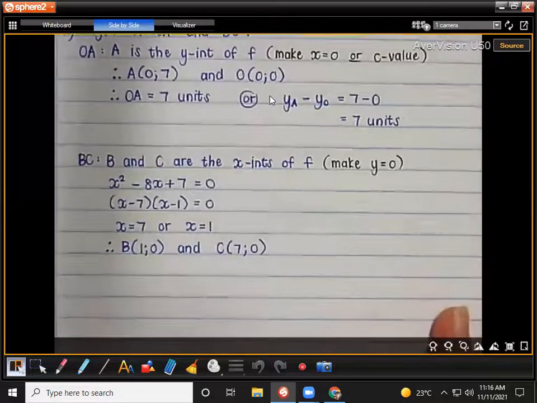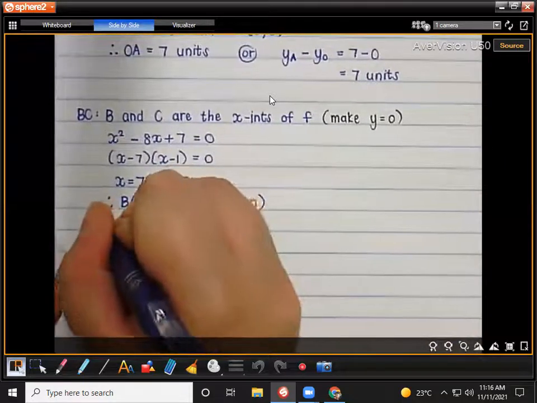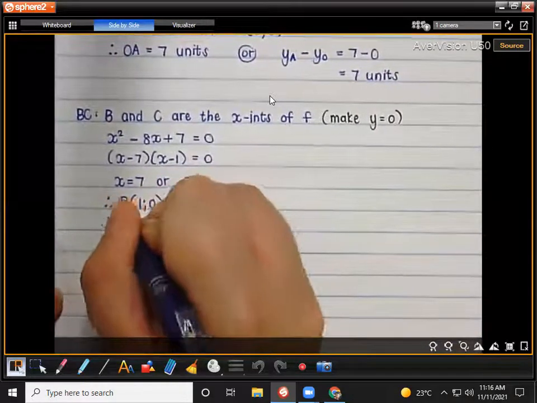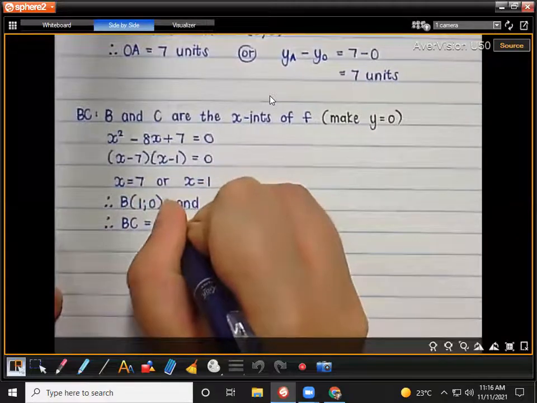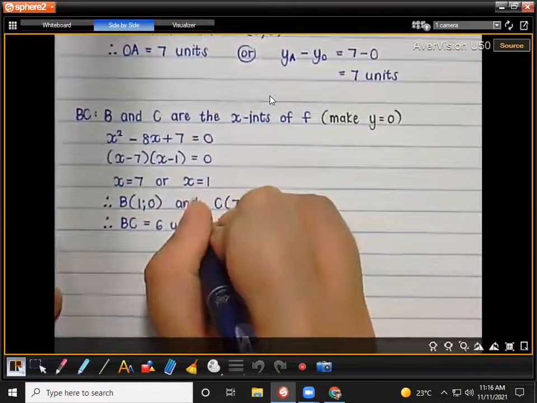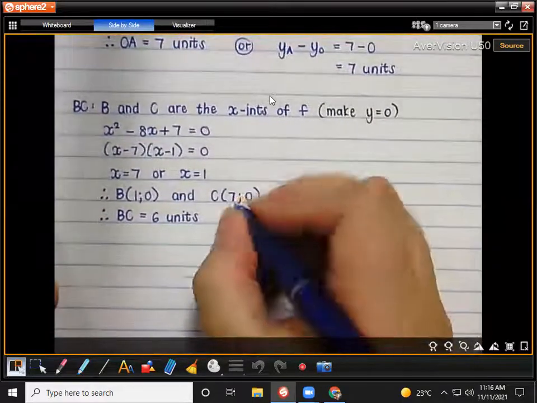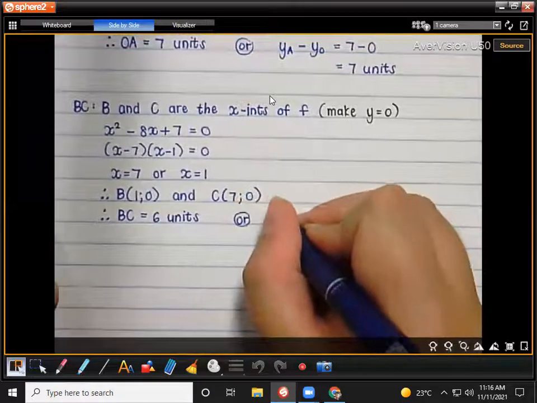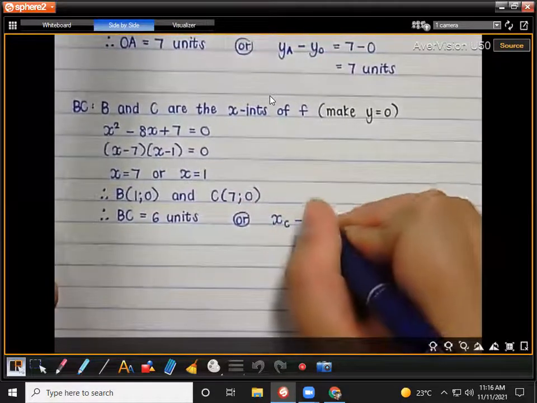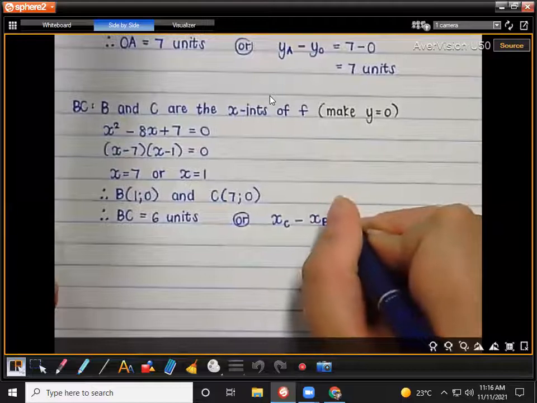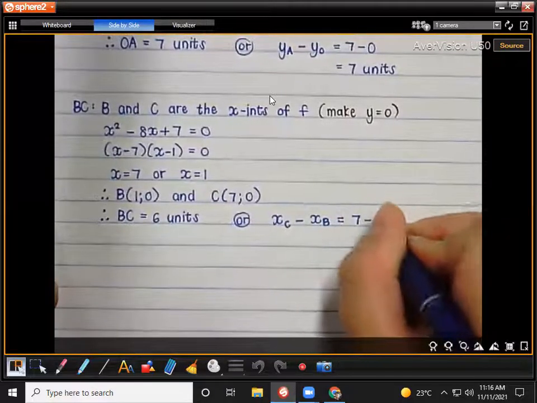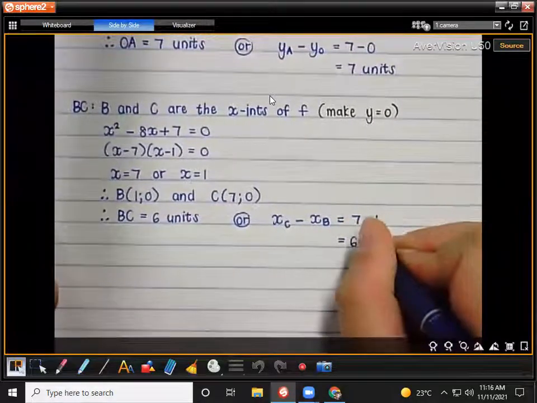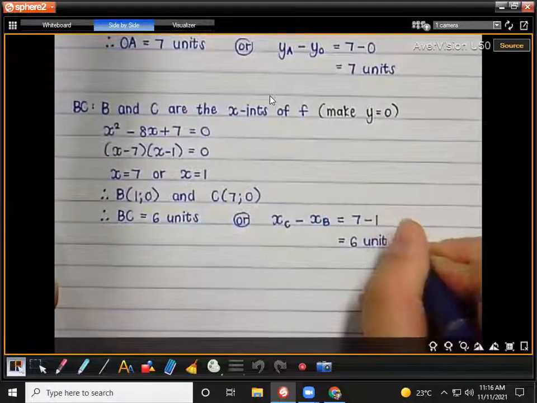But if you wanted to do a calculation, you could do it like that. So you can say that BC is 6 units just off of the graph. That's perfectly fine. Or you can use a formula where you say the x value of C minus the x value of B, which is 7 minus 1, which is 6 units.